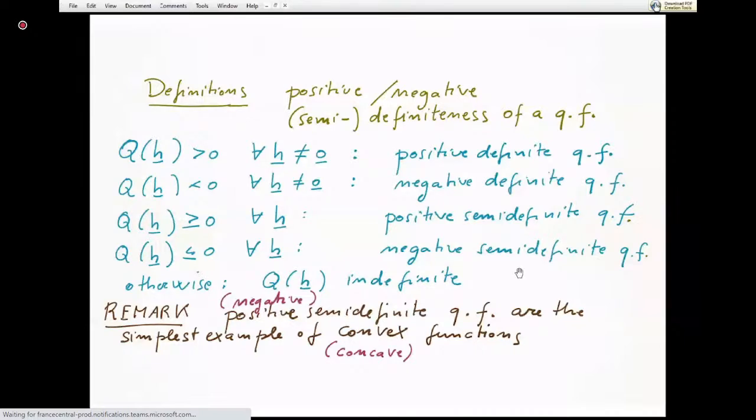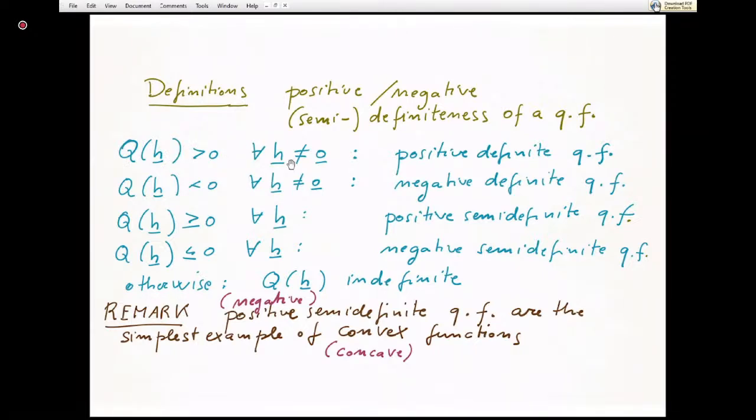By the way, suppose that you want to find a value for h, meaning h1, h2, that minimizes the quadratic form in 2 variables.